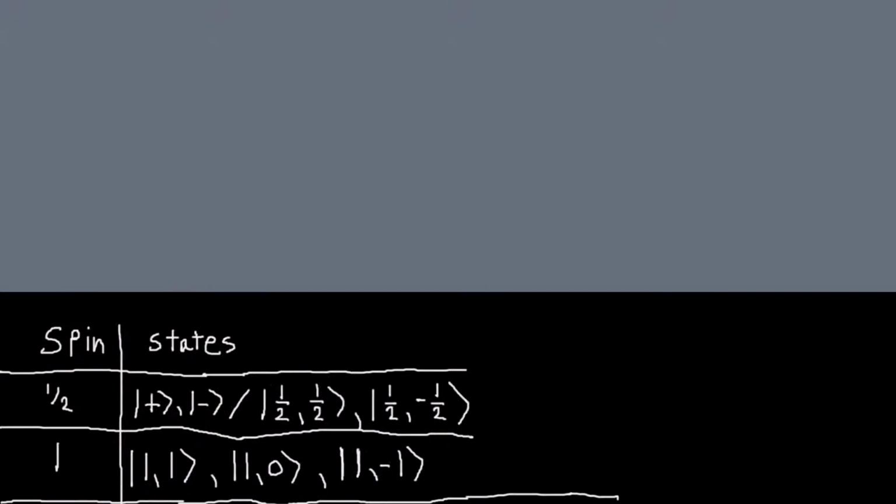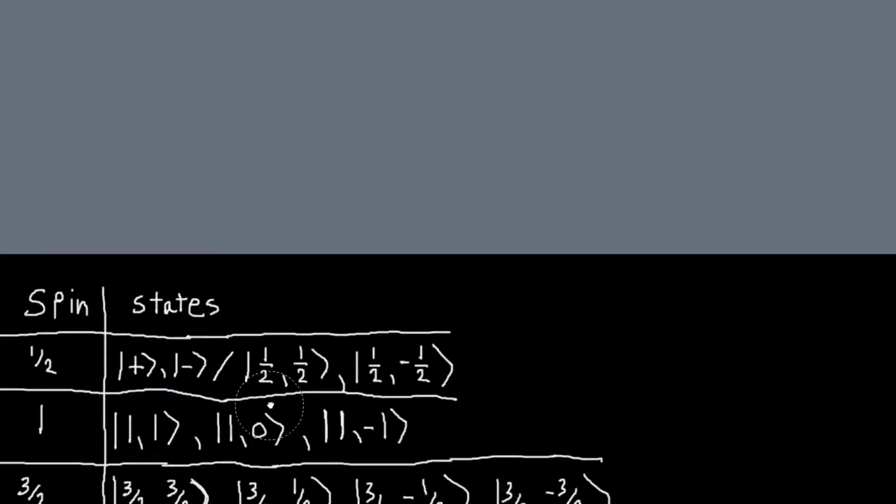And the reason I'm using this notation is because I want to talk about higher spin systems. So if we had a spin 1 particle, we would have these three states. For a spin 1 particle, the z component of my spin can either be 1, 0, or minus 1. So this old notation doesn't really work anymore, but this new notation, we can use for our higher spin system.